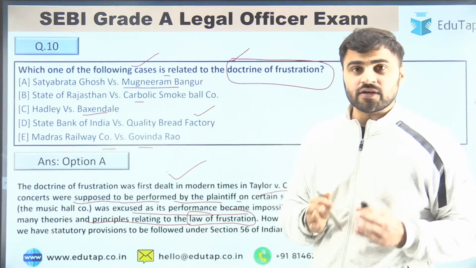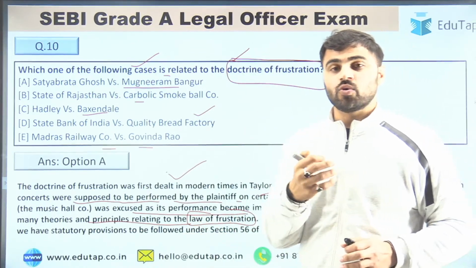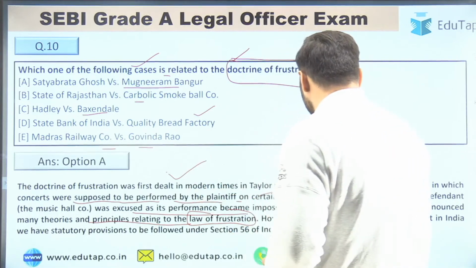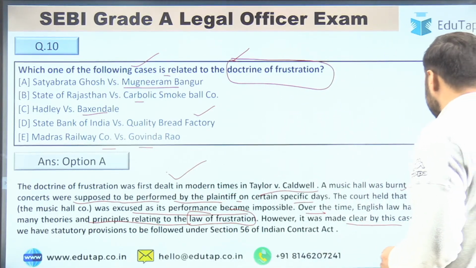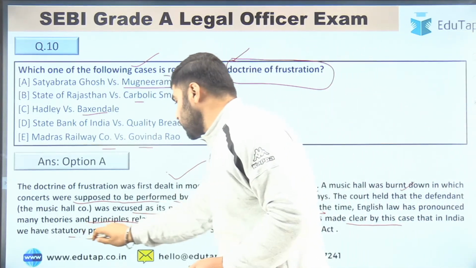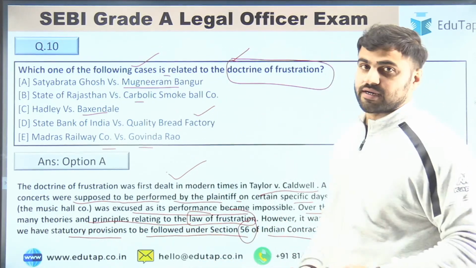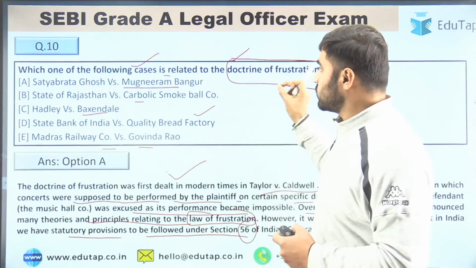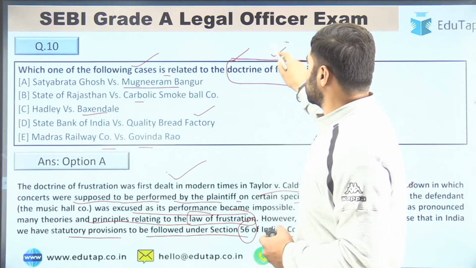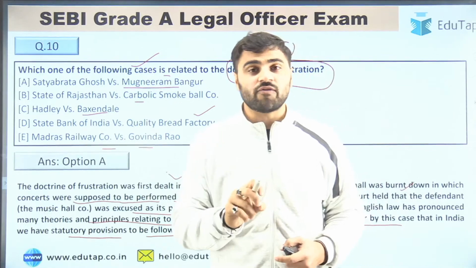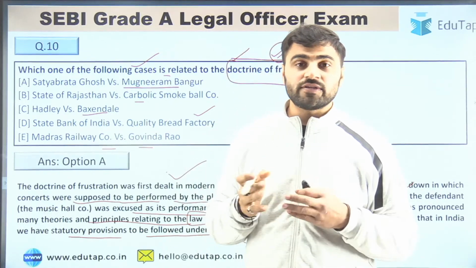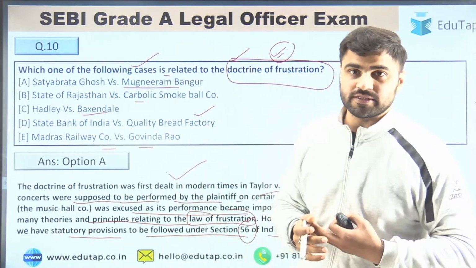In our Indian Contract Act, this law of frustration is known as the impossibility of performance. However, it was made clear by this case that in India, we have statutory provisions to be followed under section 56 of our Indian Contract Act. So you have to remember that the doctrine of frustration is covered under section 56 of the Indian Contract Act as the provision related to impossibility of performance.